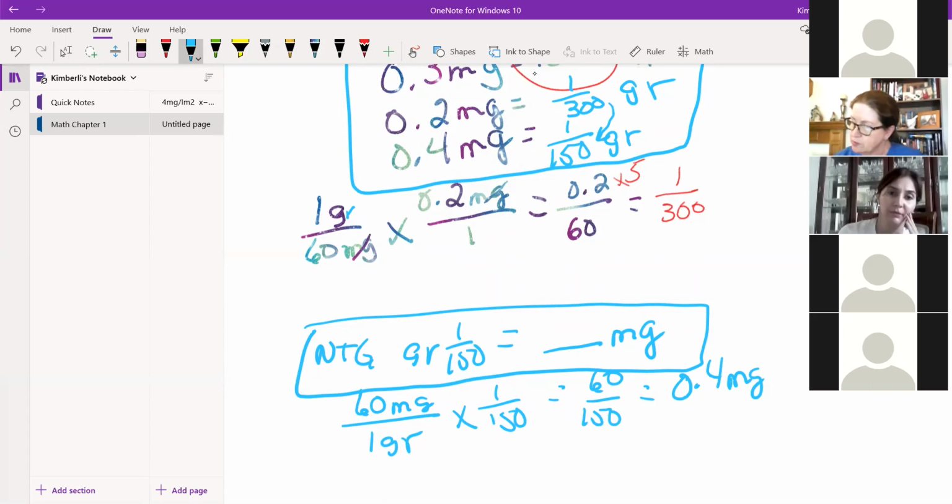We're not doing ratio and proportion, so we're not going to cross multiply. We're just going to straight across multiply. So 60 times 1 is 60. 1 times 150 equals 150.